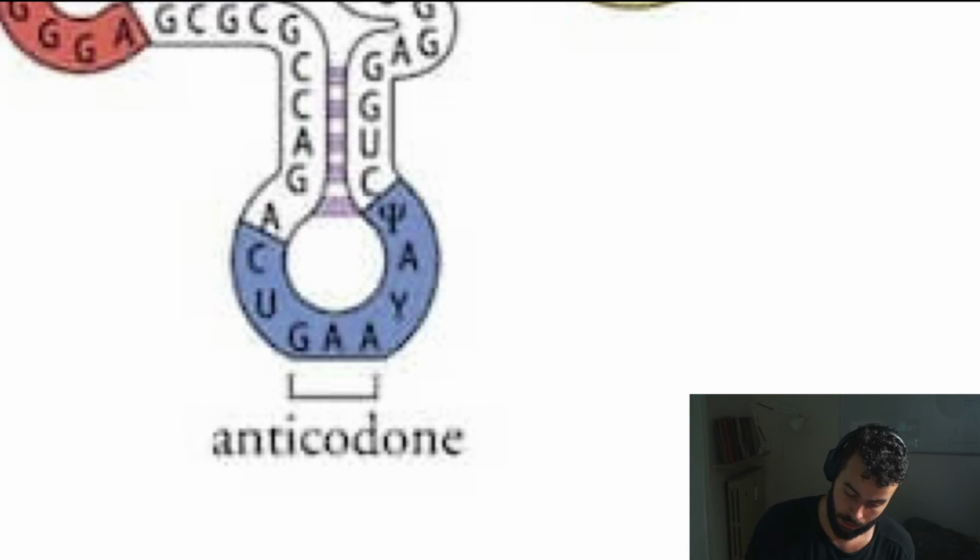So you can have different nucleotides in the third position, but you will still have a strong enough connection to give the same amino acid. If you remember from the codon chart, the third nucleotide changes between different codons, but it will still give us the same amino acid.